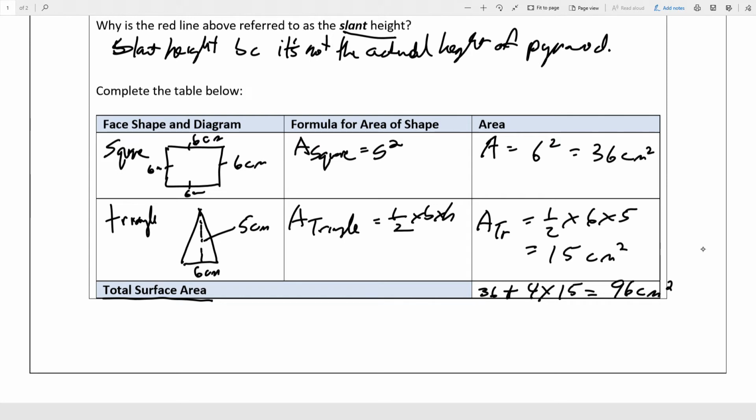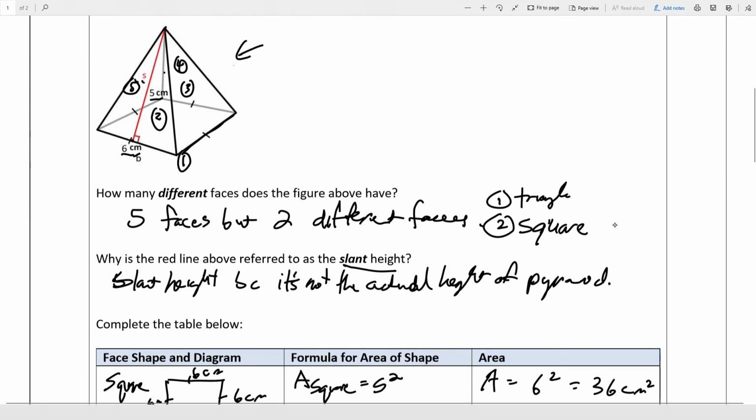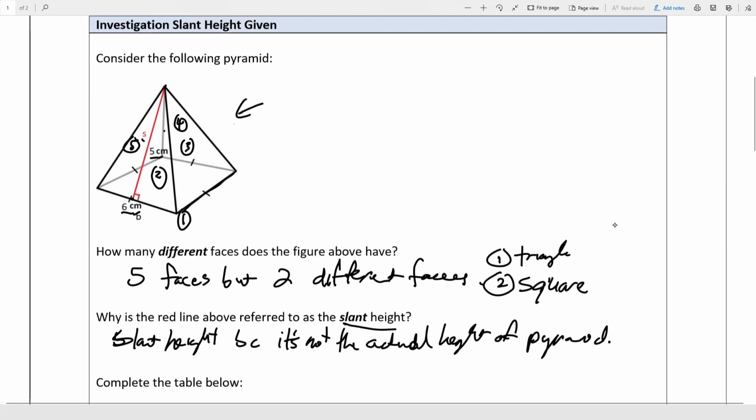Okay, so just to recap, for a square-based pyramid with a given slant height, this red line here, the way you calculate the surface area is to find the area of each of the triangles and then find the area of the square. For these types of questions, it's easier because you're given the height of the triangle here.